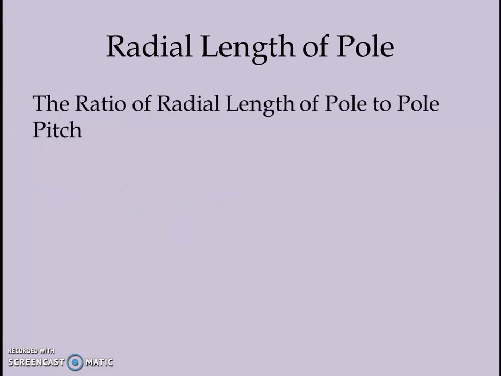The ratio of the radial length of the pole to the pole pitch is again one ratio we decide. To decide the radial length of the pole, we take this ratio, the radial length of the pole to the pole pitch, as 0.3 to 1.5. Based on this ratio, we can calculate the radial length of the pole, and the reverse process is also true.